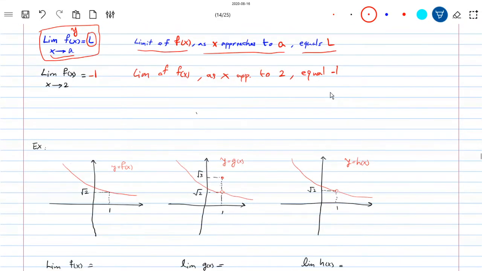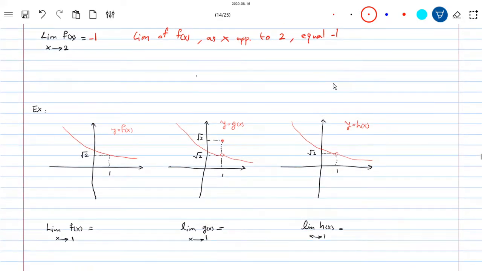Okay. So here are a couple of examples just to understand what I'm talking about. Given these graphs, let's call them graph number 1, number 2, and number 3. Let's focus on graph number 1. I'm going to follow the path. They ask you to figure out the limit of f of x as x approaches 1.